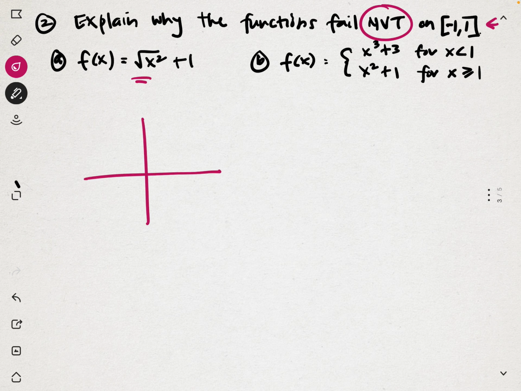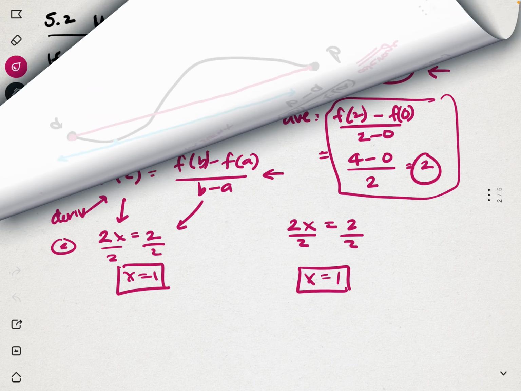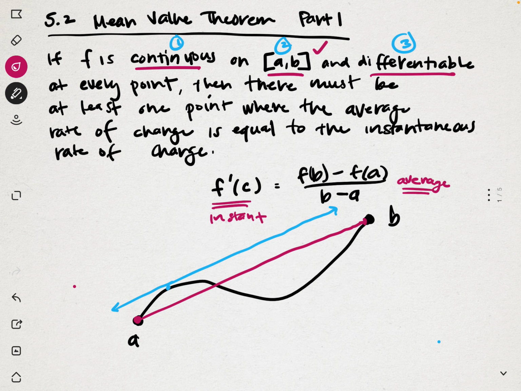It looks like an absolute value graph lifted up 1. It usually has its vertex at the origin; in this case it's up 1, but it looks the same. It's V-shaped.